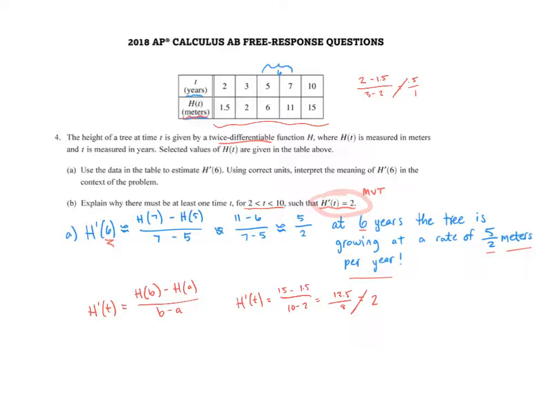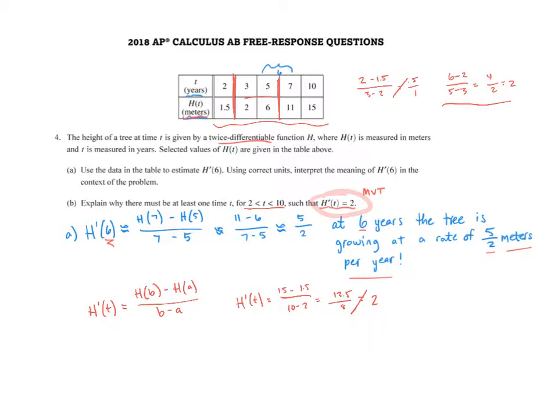So let's try another interval. Let's try 3 to 5. So I can do h of 5, which is 6, minus h of 3, which is 2, over 5 minus 3, which is 4 over 2, which is 2. So this is my interval that would guarantee an h prime of 2.